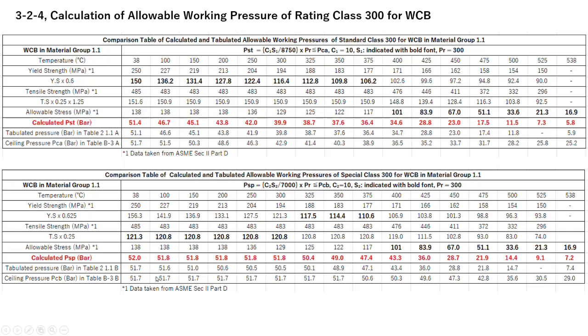So ceiling pressure for special class indicated here. So 51.7 indicated ceiling pressure. This is the maximum allowable working pressure. So calculated number is higher than ceiling pressure.